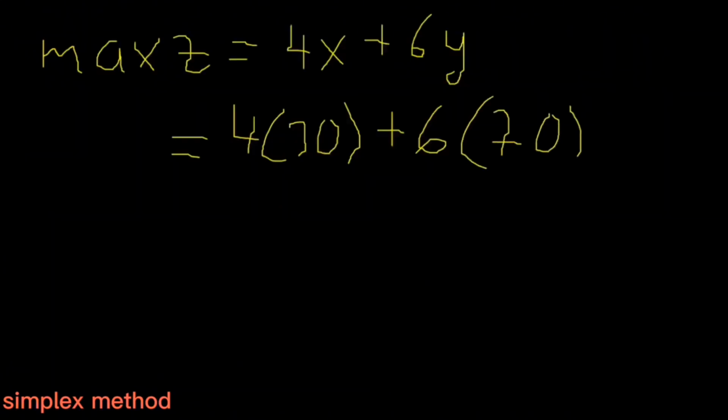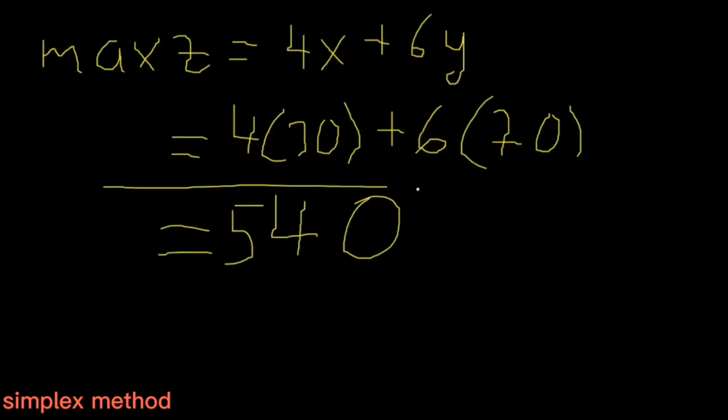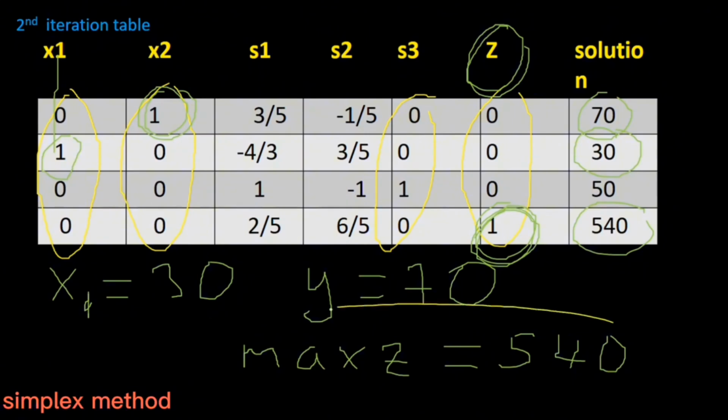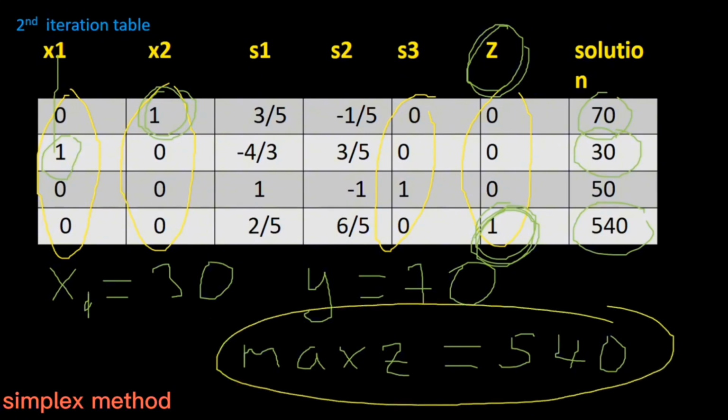If you compute this, you are going to find that the answer is what? 540. That is the amazing answer to this question. 540 is the solution. Showing that we solved it well, and we clap for ourselves for having done this.